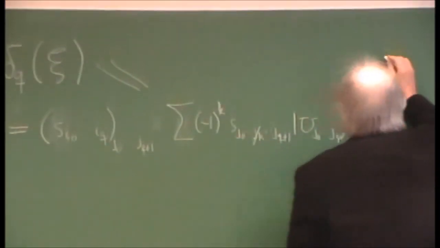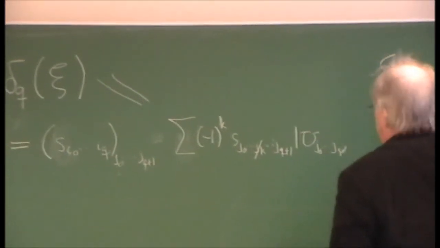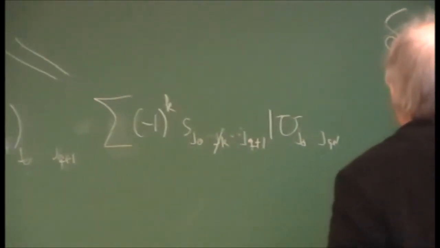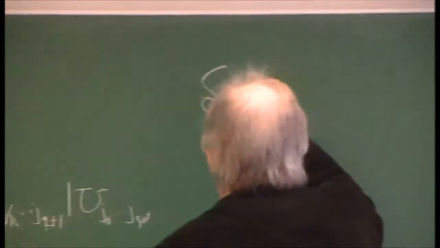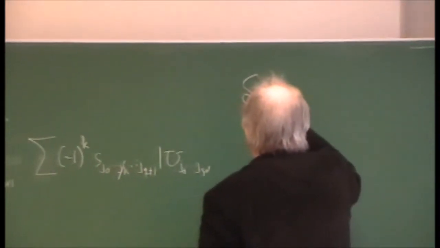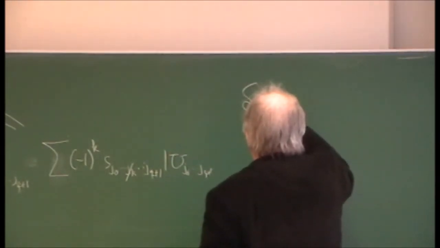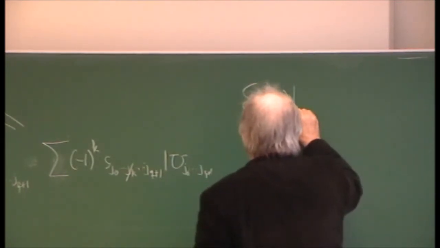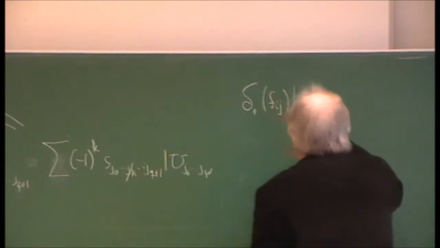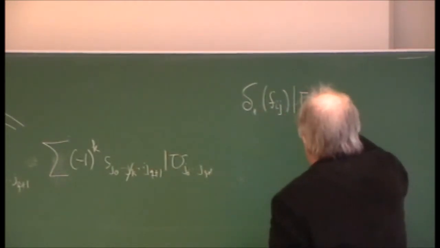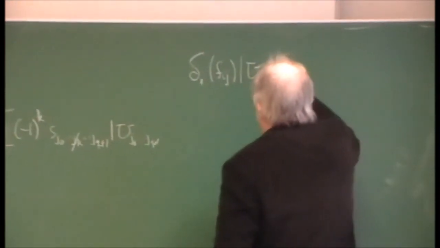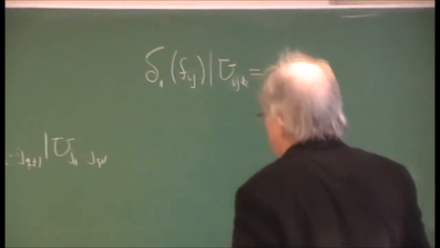Let's make sure, as an example, let's take a one cochain of the form Fij. The boundary of a one cochain, of the form Fij, on, of course, Uijk, equals, what is it?